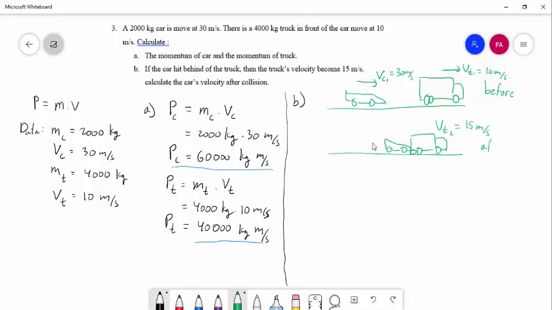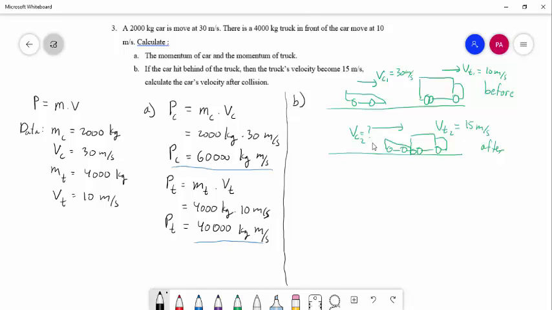This is the after. And we need to calculate the velocity of the car after collision.